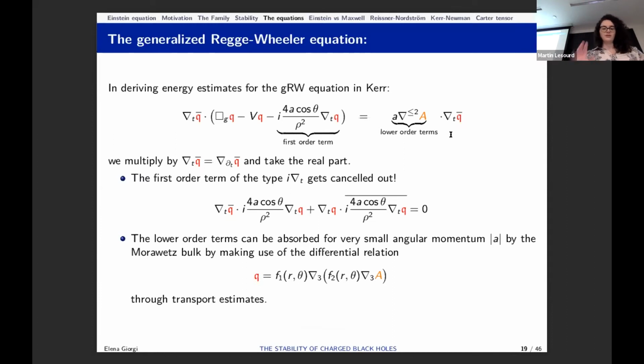And the right hand side, of course, is still a complicated issue because this, at the level of 2 derivatives of A, is at the same level of differentiability as Q. So there are cancellations happening on this part too, but for small angular momentum, you can think of this as being a lower order term.